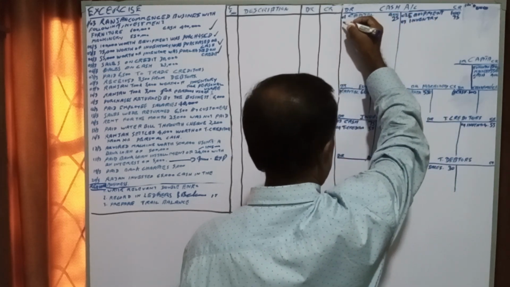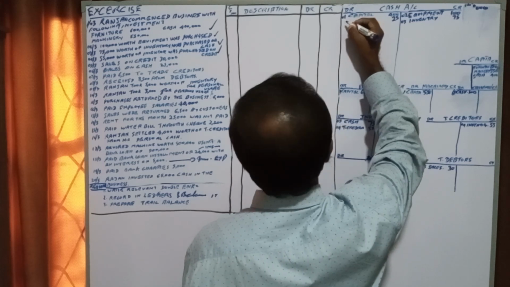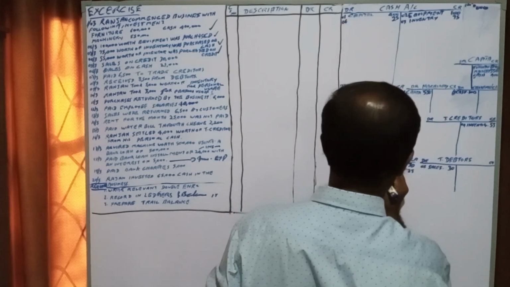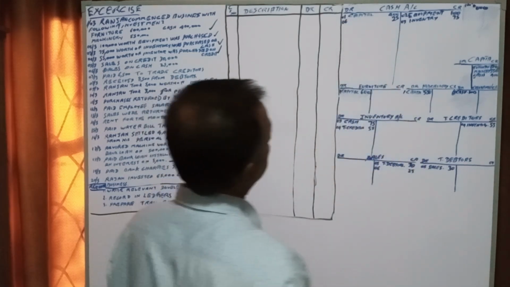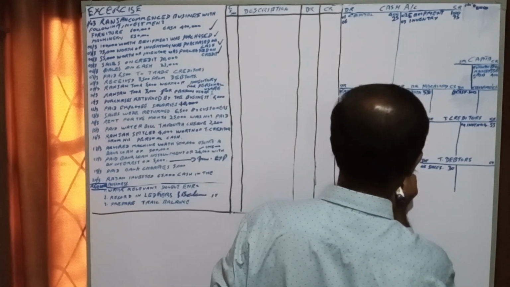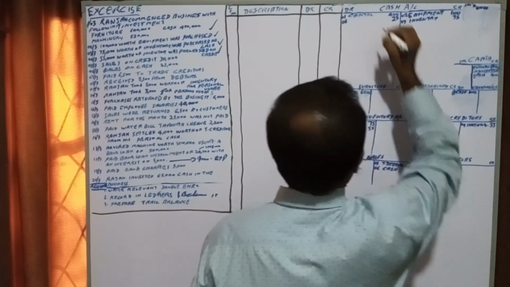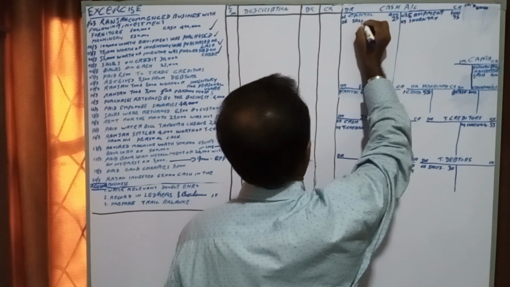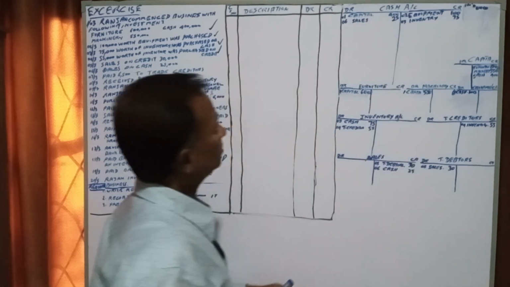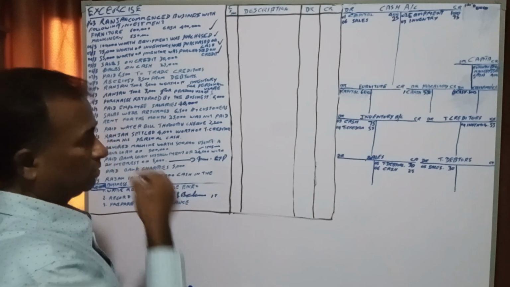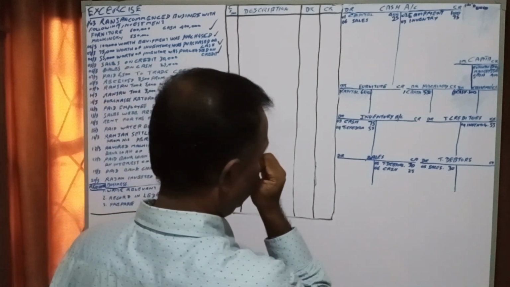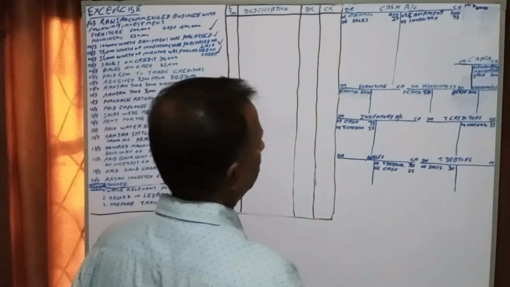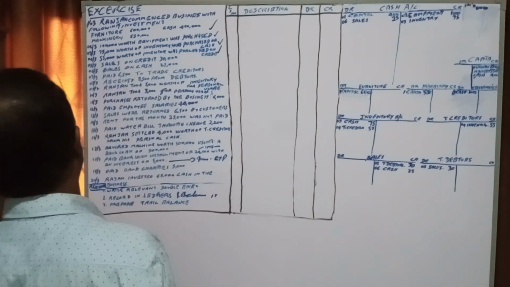Here we will say on 6th, here you will say cash, here you will say sales. So the double entry for the transaction which took place on 6th of March is complete.